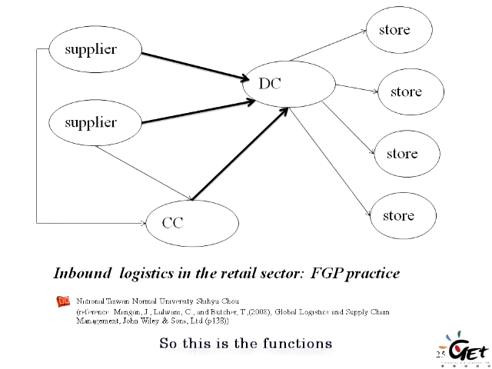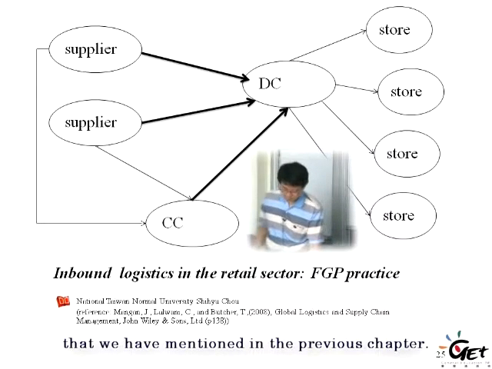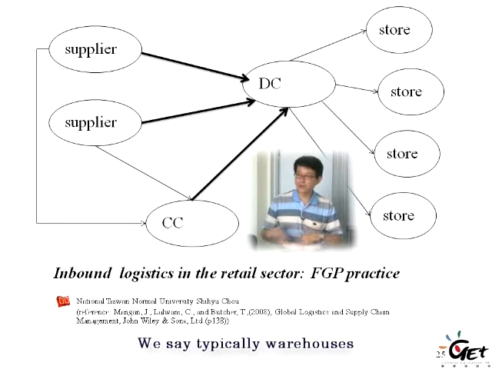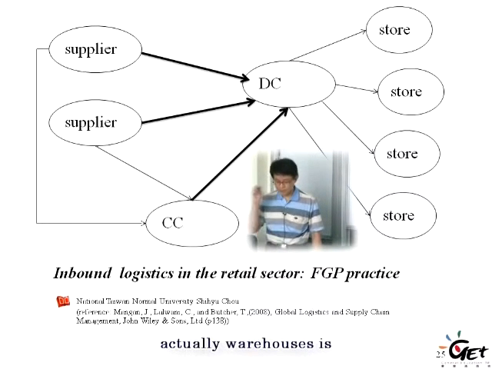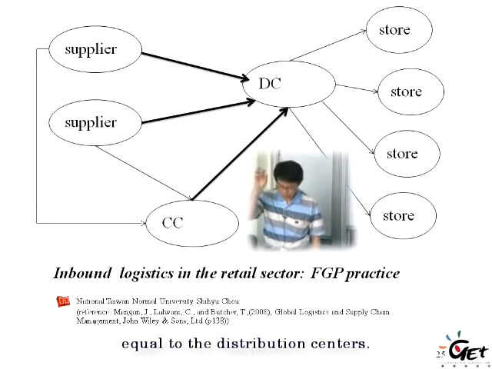These are the functions we mentioned in the previous chapter. We said a warehouse typically has four functions. In that chapter, the warehouse is equivalent to the distribution center.